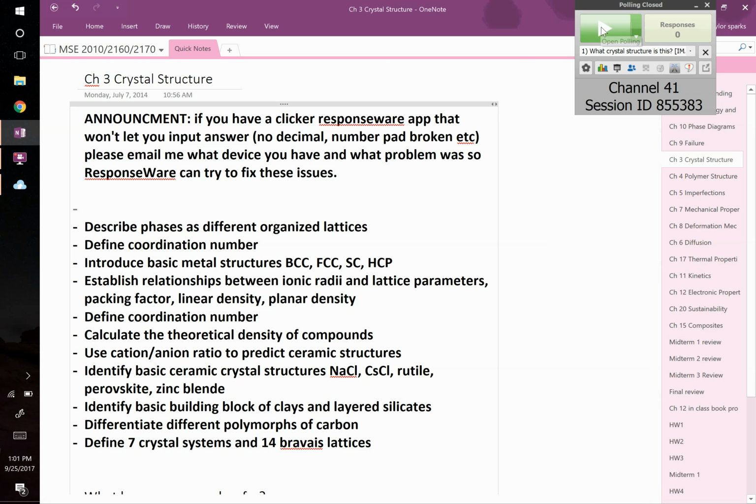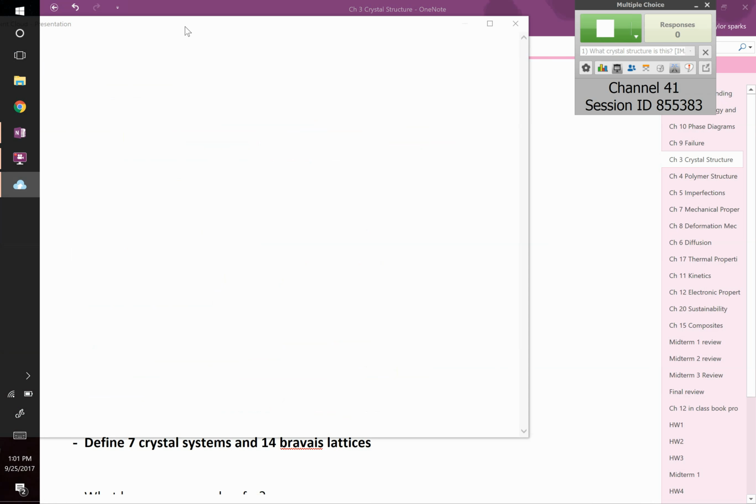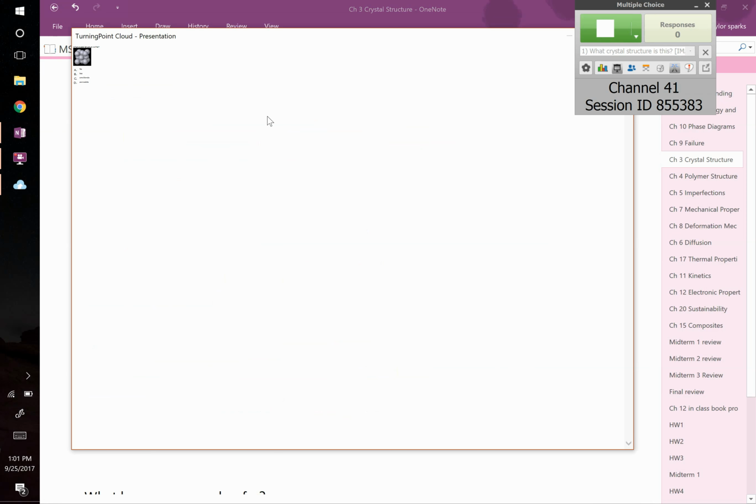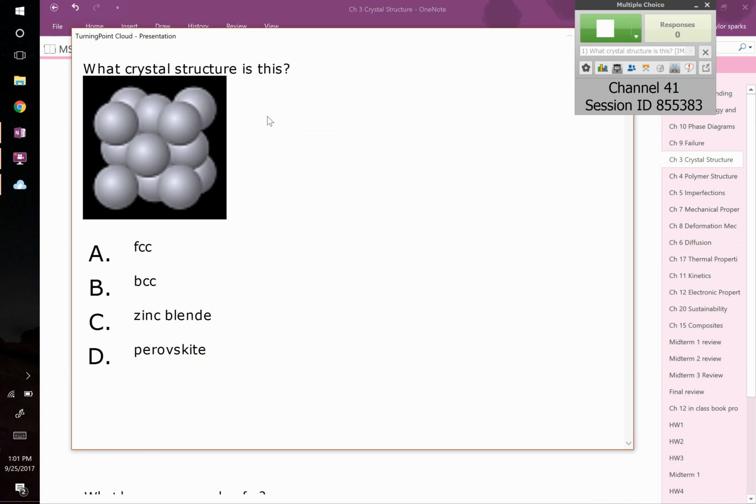Okay, let's start with our reading quiz for today. The first question is, what crystal structure is this? Is it A, FCC, B, BCC, C, zinc blende, or D, perovskite?